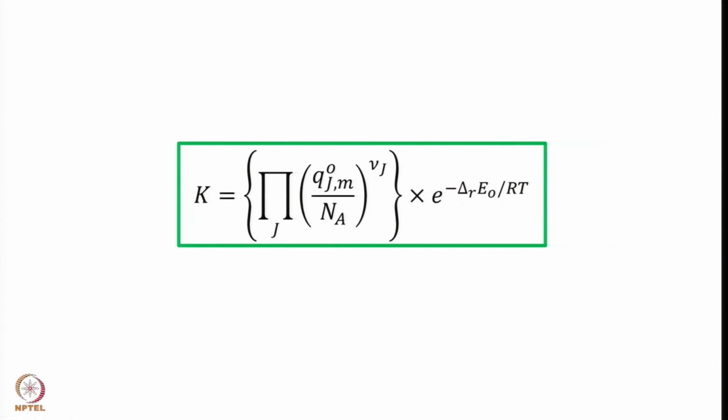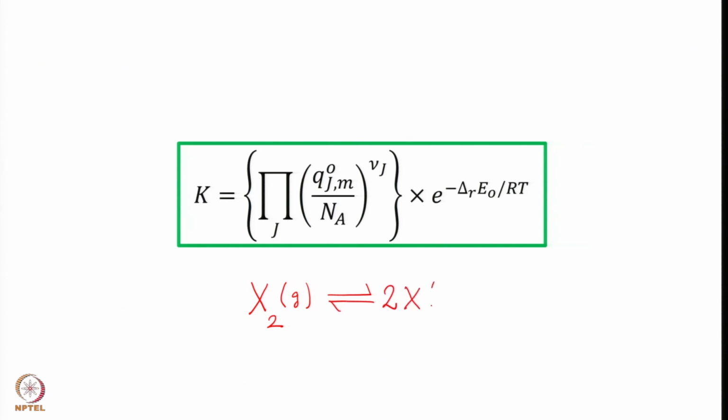Now we can think of applying this developed equation to a variety of reactions. The first reaction that I would like to discuss with you is the dissociation reaction, X2 gas forming 2X atoms.